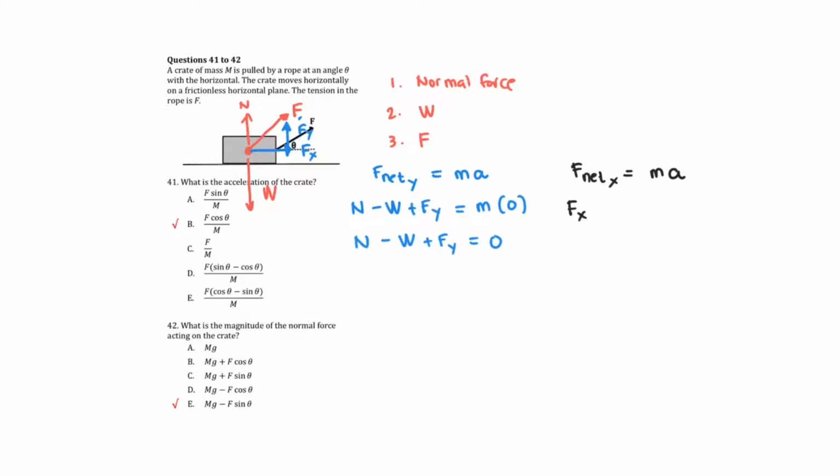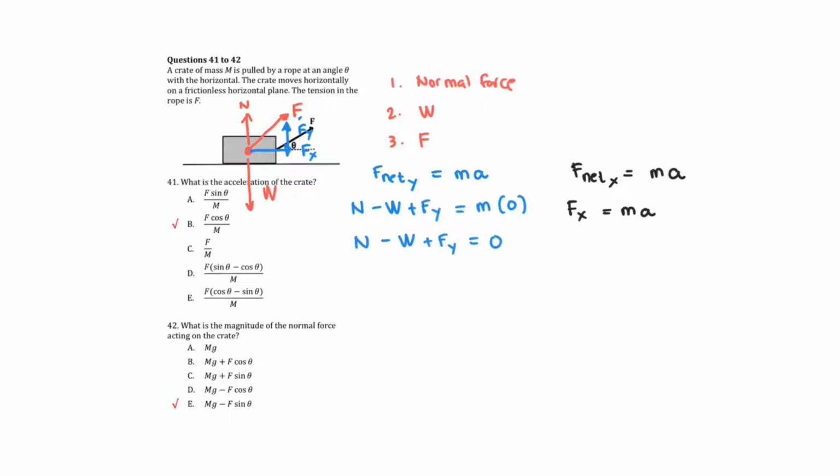We don't have any friction because according to the problem, the plane is frictionless. So the only force on the x-axis is the x component of tension, and that is equal to the mass multiplied by the acceleration. Since we can clearly infer that the object is going to move to the right, the acceleration here is going to be positive.